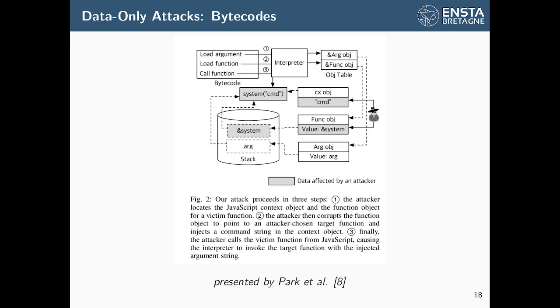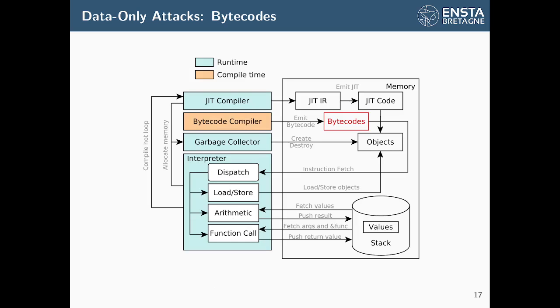Those two attacks are made possible because the objects that I presented here in memory are often the result of C++ or C structures, and the attacker with some knowledge of the VM and how it works can locate these objects in memory and add his own crafted objects or overwrite them directly.